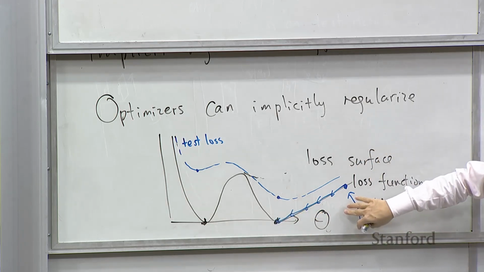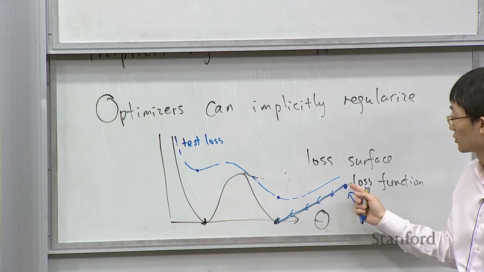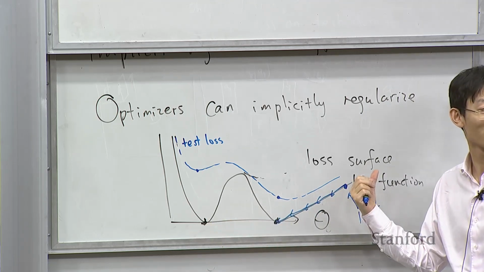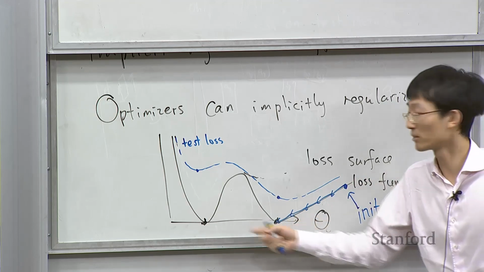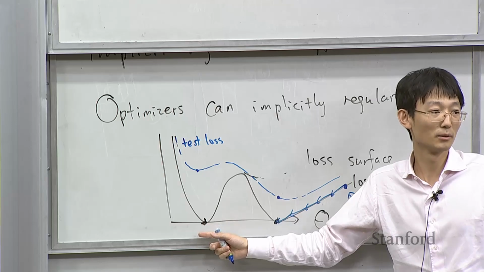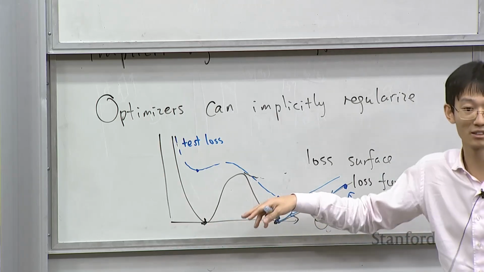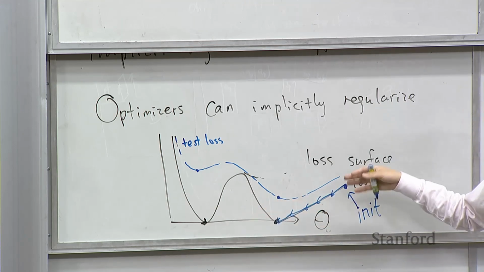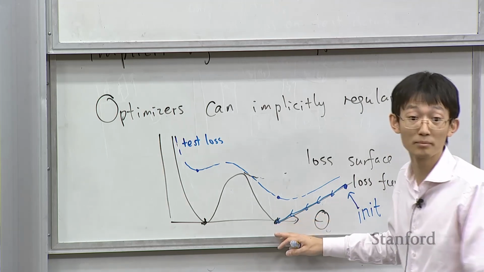So this algorithm will only converge to this one, but not that one, just because you initialize at the far right. So in some sense that is a preference to converge to this global minimum over that global minimum. Your algorithm somehow prefers one global minimum over the other, just because of certain specifics of the algorithm. So the initialization makes it prefer to converge to this one.